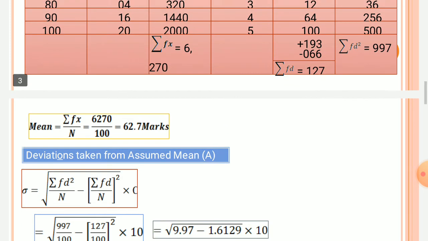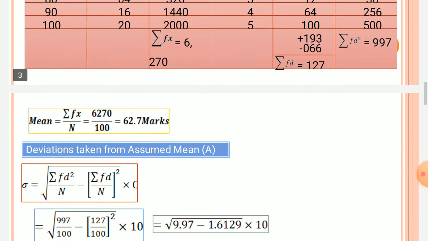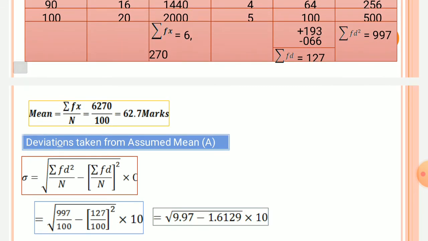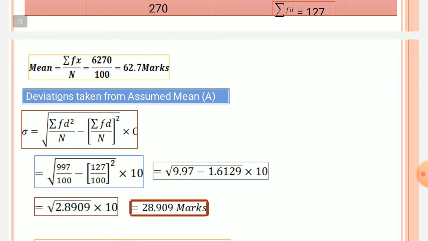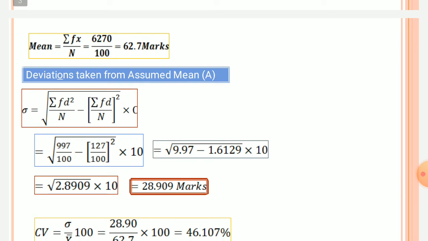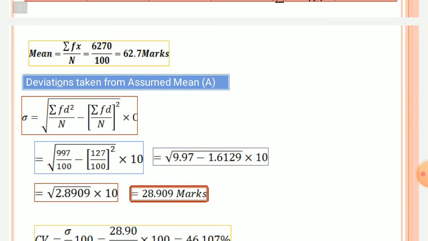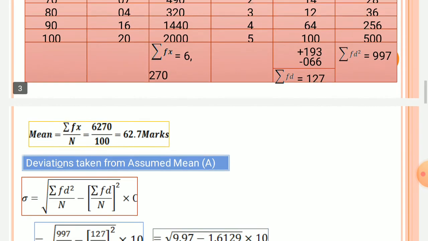Now sigma fd square 997 by n 100 minus sigma fd 127 by 100 whole square into 10 is equal to root of 9.97 minus 1.6129 into 10. Therefore root of 2.8909 into 10 is equal to 28.909 marks. This is the value of sigma when assumed mean is used.